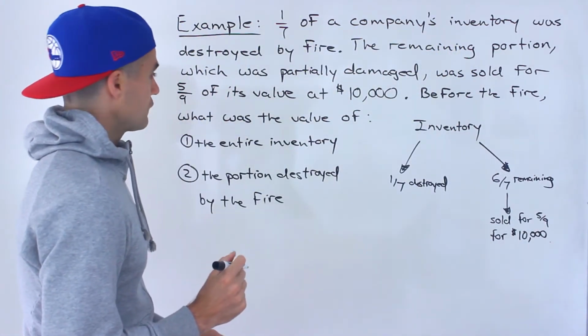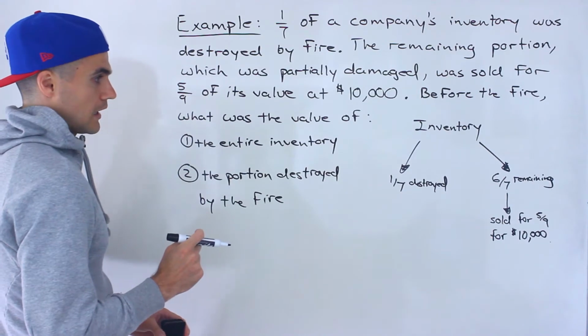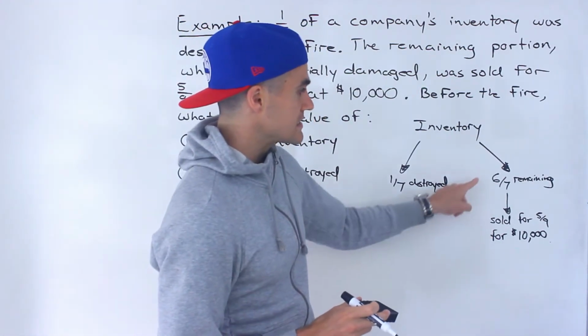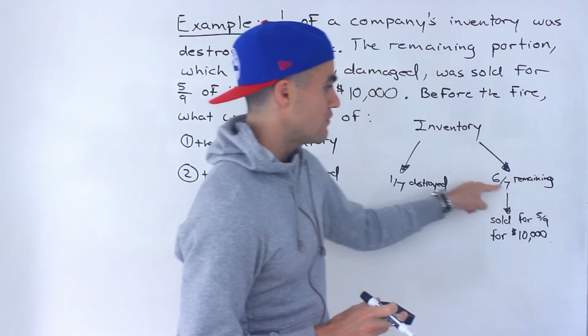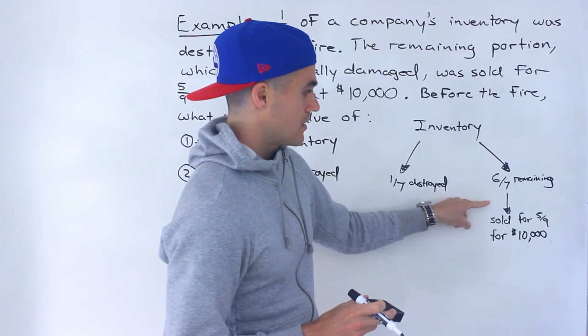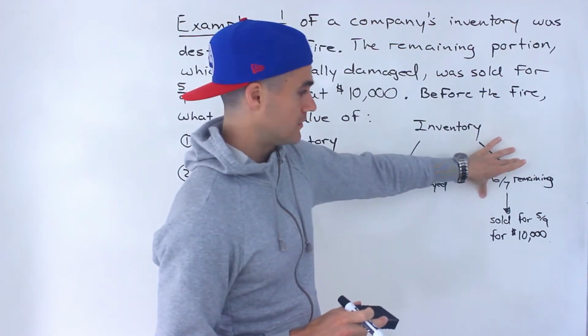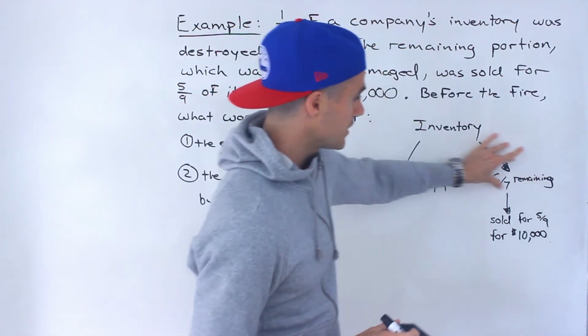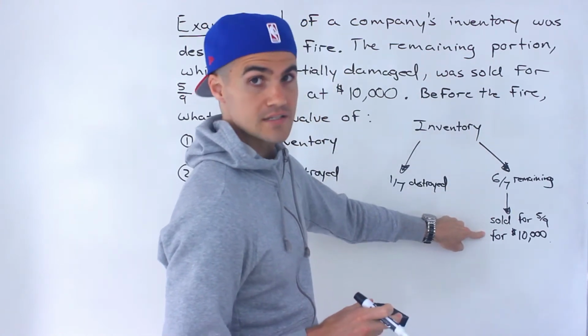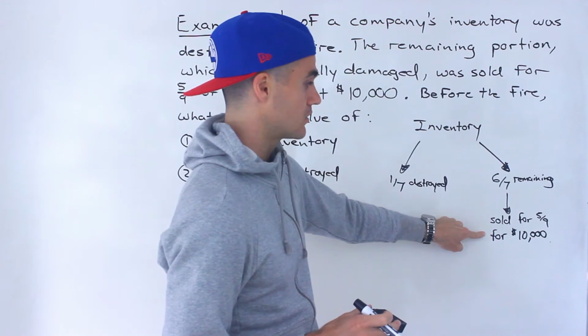So what we can first do is find the value of this remaining portion before the fire, because this portion was sold for 5/9 of its value for $10,000.